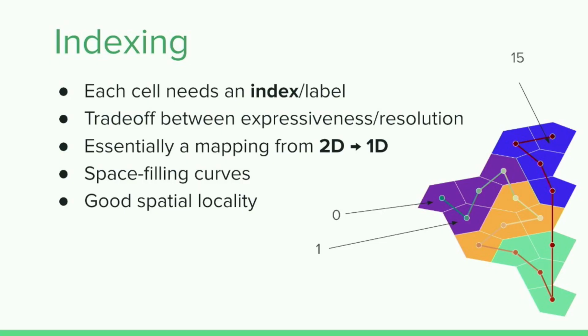You can think of this as a way of reducing the 2D problem to a 1D problem. So you say, okay, I have a curve, and cell number 0 is the one at the beginning of the curve. Cell number 1, if you're starting with 0 indexing, is the second one, and so on.